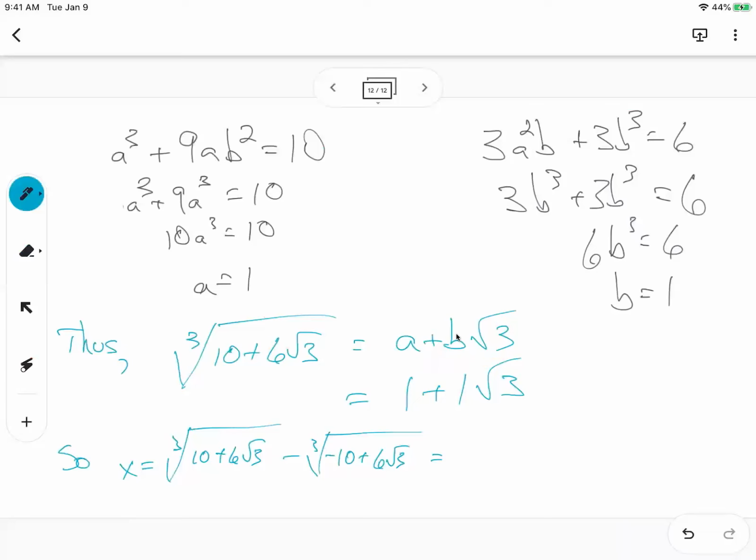So I have 1 plus root 3 minus, and granted we didn't do exactly this term, but the mathematics works out very similarly, and we get negative 1 plus root 3. And you'll see this simplifies to 2. Done. I'll just leave it at that.